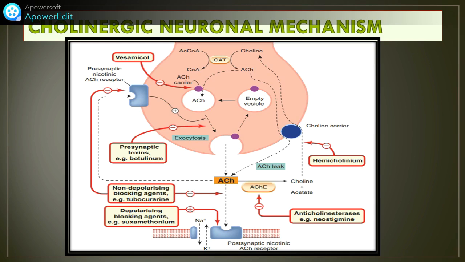Now let us see the cholinergic neuronal mechanisms. So this choline plus CAT, that enzyme choline acetyl transferase, forms ACH. This ACH is then stored in the vesicles and then it is released in the synapse.